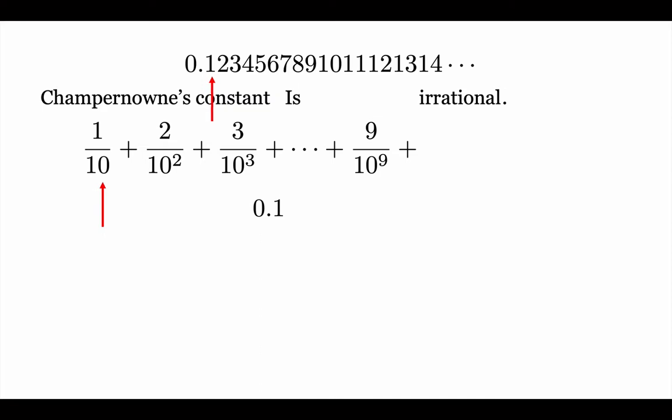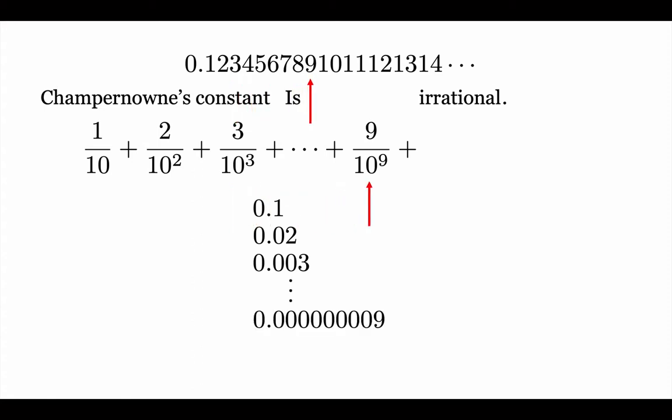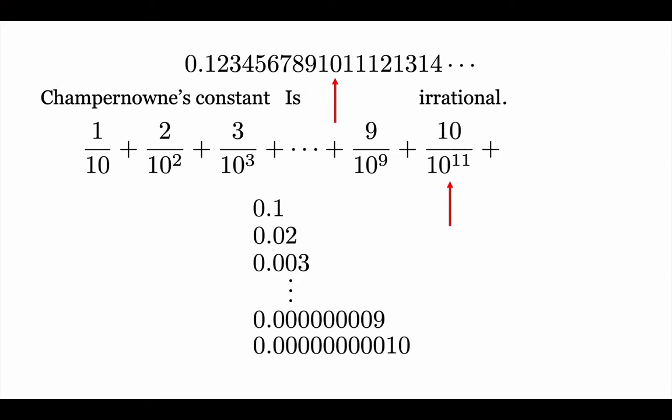There's 1/10, there's 2 100ths, 0.02, 0.03 we'd say 3,000ths, and then lots of zeros and a 9, we'd say 9 somethings. Well, the next one is not going to be 10 over 10 to the 10th. You might think it is, but because 10 occupies 2 digits, it's actually 10 over 10 to the 11th. And the next one is not going to be 11 over 10 to the 12th because it occupies 2 digits.